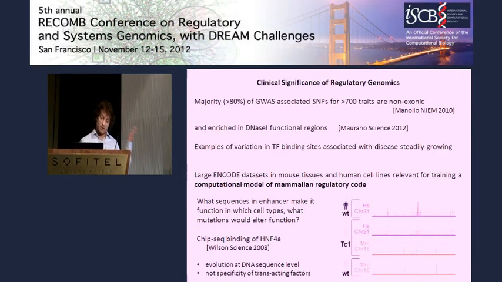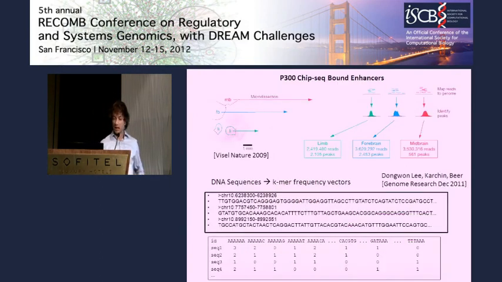And this importantly tells us that the differences between mouse enhancers and human enhancers are occurring at the level of the DNA sequence and not at the level of the transacting factors. So if we can understand how enhancers are functioning in mice, that same set of rules will to a large extent apply to humans. This is the same picture, believe it or not, that Len showed.